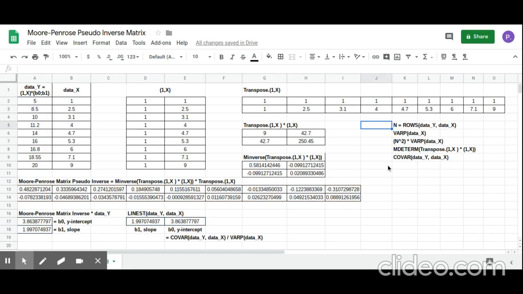Now we can also calculate the rho, which is the population. We have rho of the range.